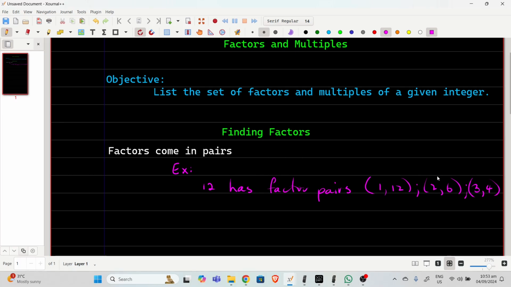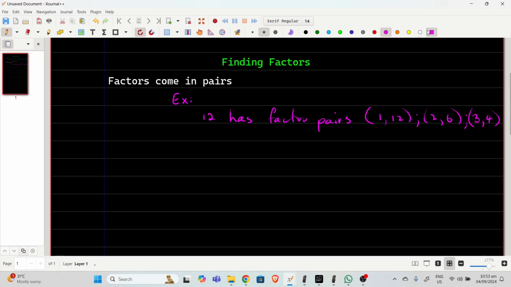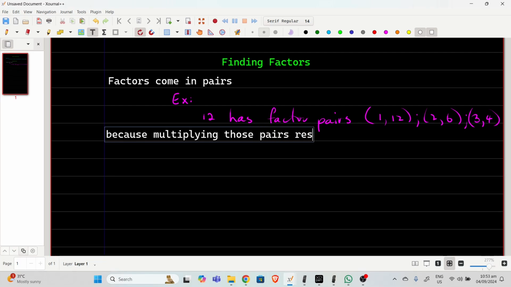And if I take 2 and 6, I'll get 12. And if I multiply 3 and 4, I'll get 12 as well. Let me write that as a note: because multiplying those pairs results in the original number.